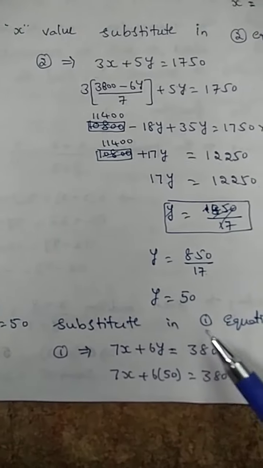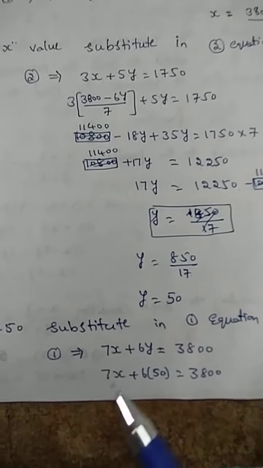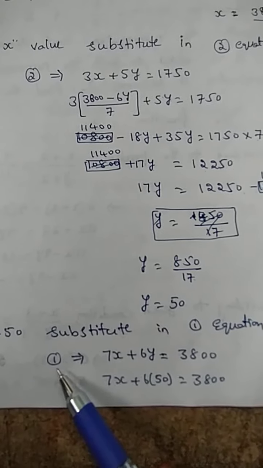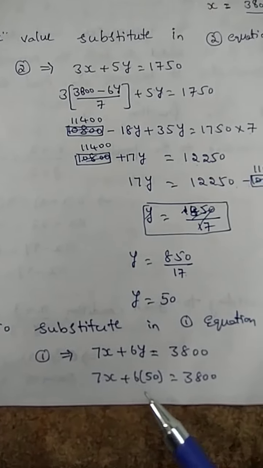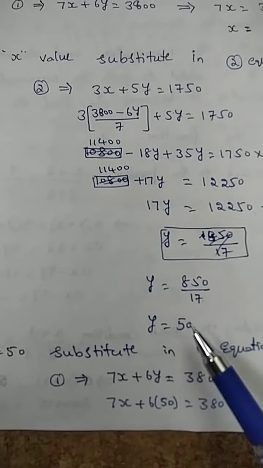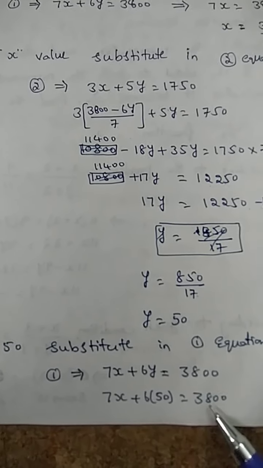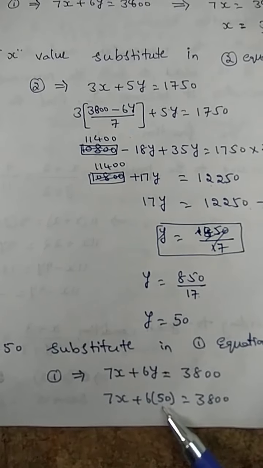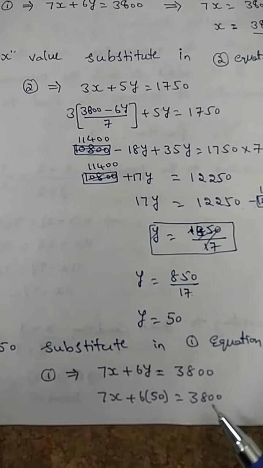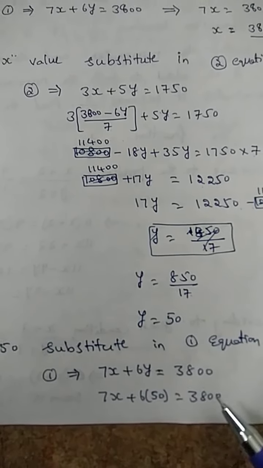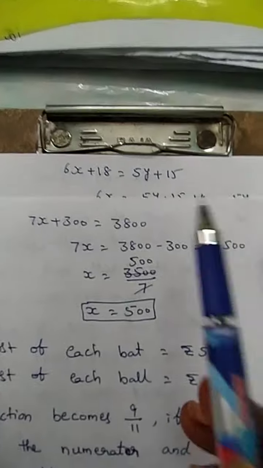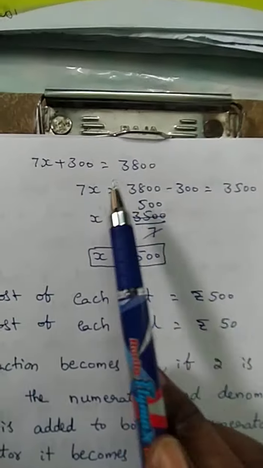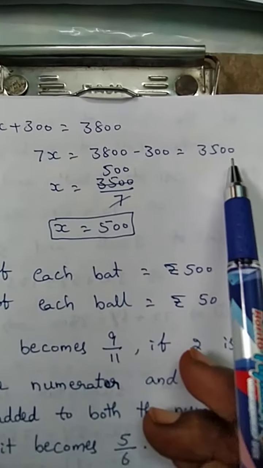Substituting in the first equation, 7x plus 6y is equal to 3,800. 7x plus 6 into the y value 50 is equal to 3,800. 6 into 50 is 300. 300 transfers to that side as minus 300, then 3,800 minus 300 is 3,500.